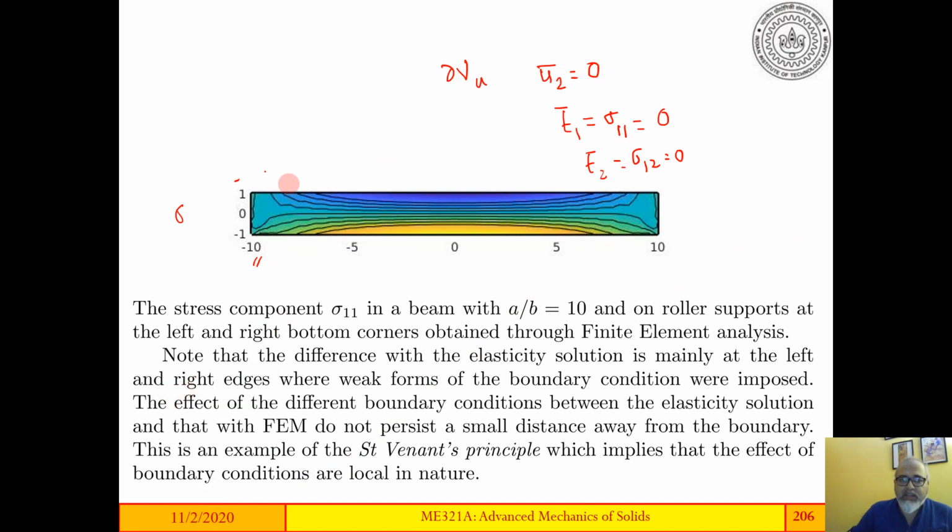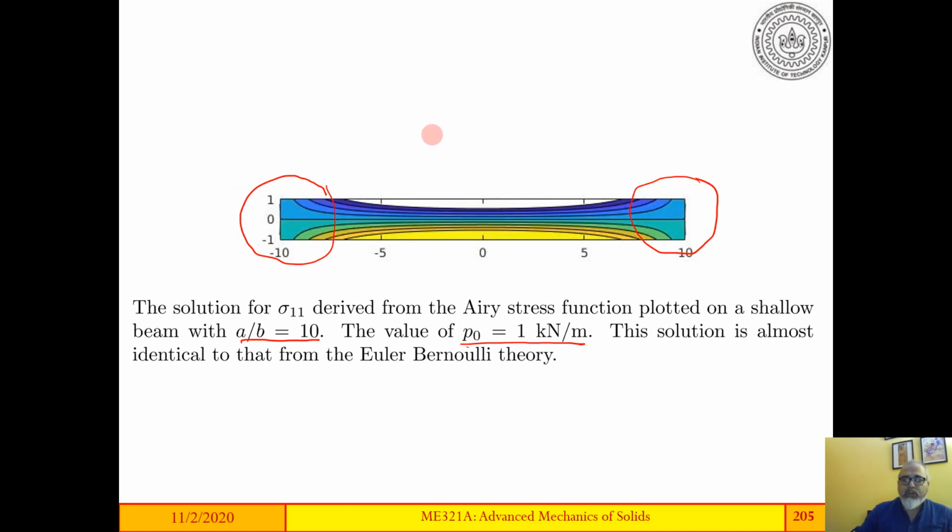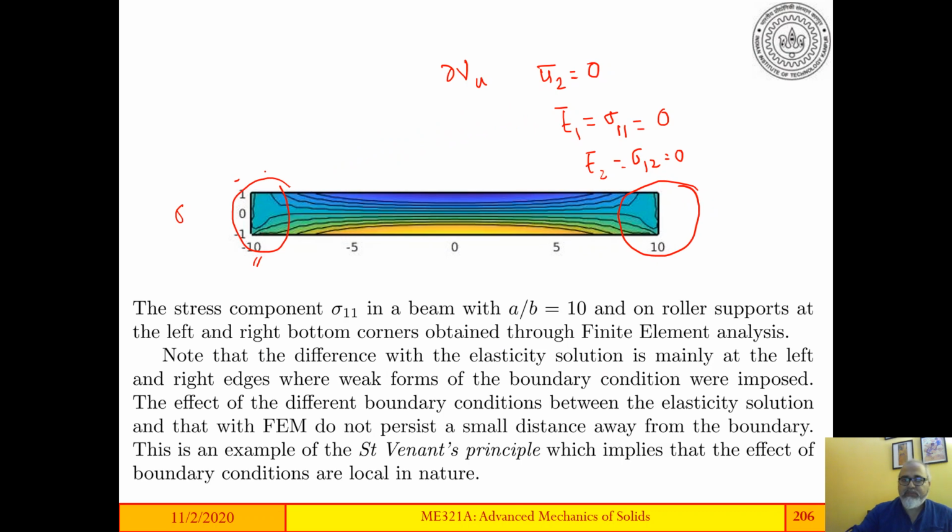You see that here close to the boundary, the stress distribution is different from what you have here. Close to the boundary, the stress distribution is different, but away from the boundary in this region, let's say, the stress distribution seems to be affected very little by the different boundary conditions that you have.